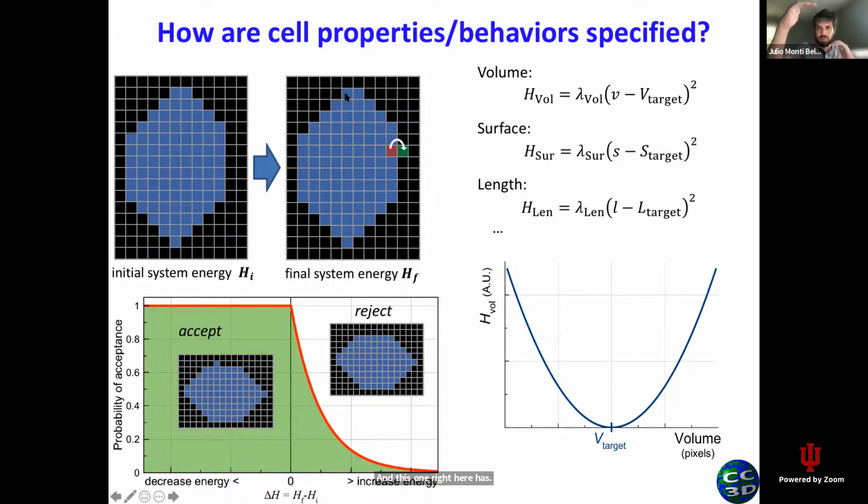Then it wants to change its shape so that this length here matches this target length here in this direction, okay? So it is another way that you can specify the shape of the cell, so you want to have elongated cells. That's one way to do it.